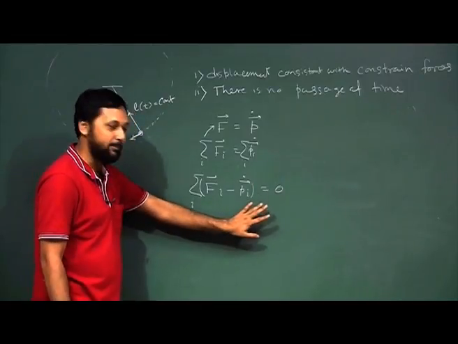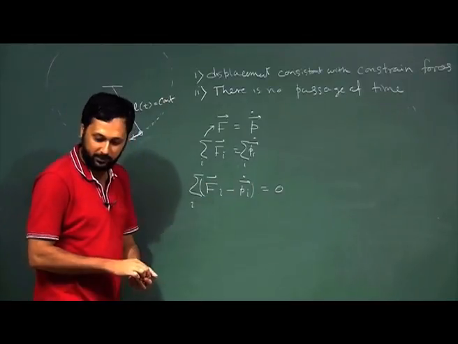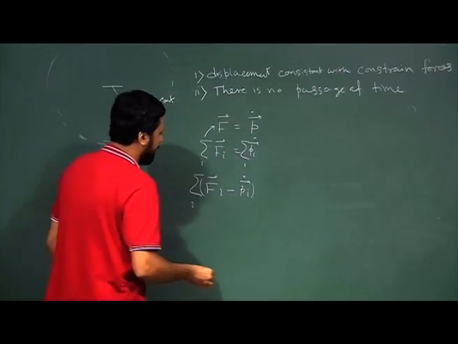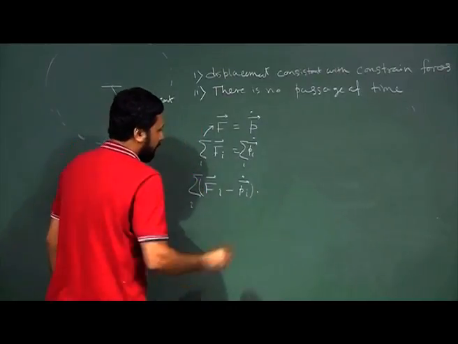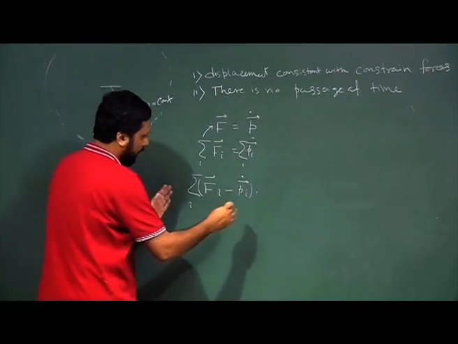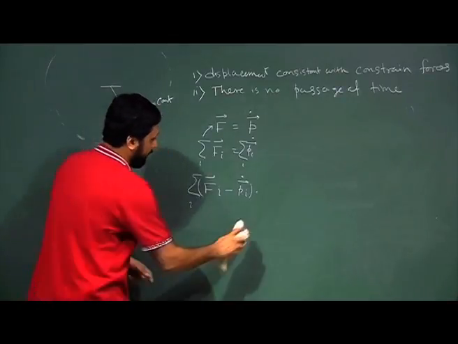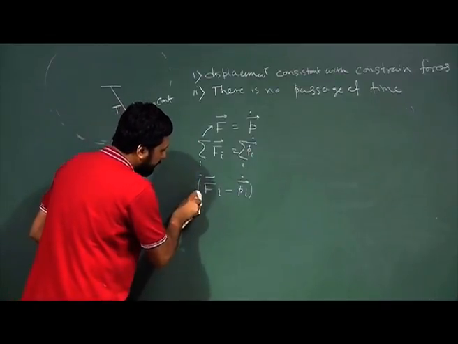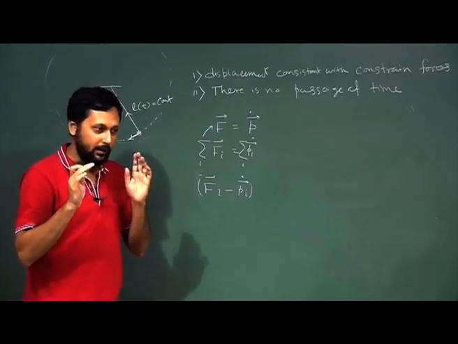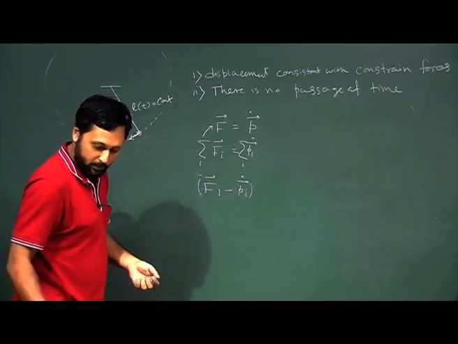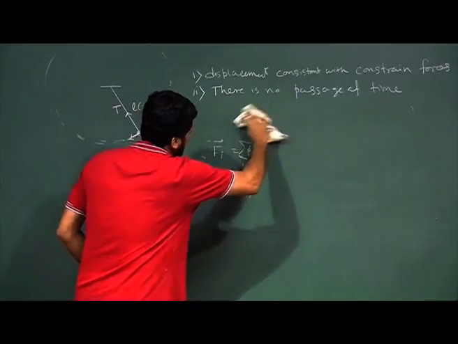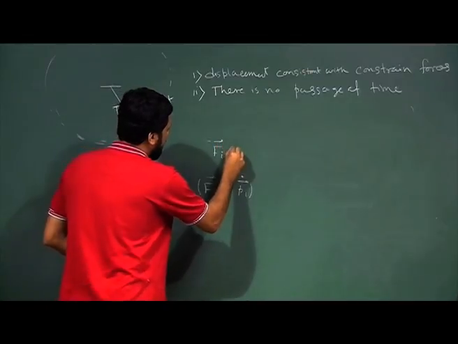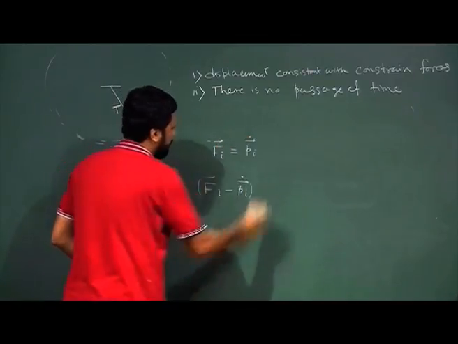So, this equation has to be satisfied, no question about it. It is valid in both forms, please understand this: in summation form, and also in individual form. If I forget about the combined equation now and concentrate on the individual equation, it is F_i equal to p_i dot.